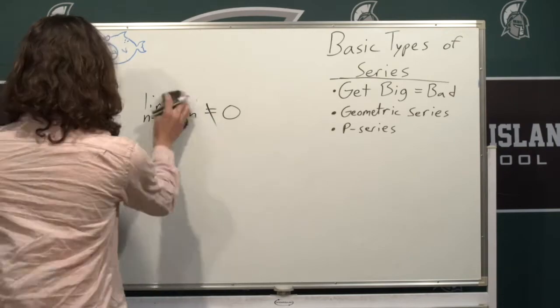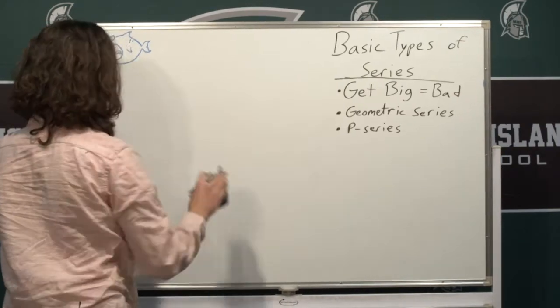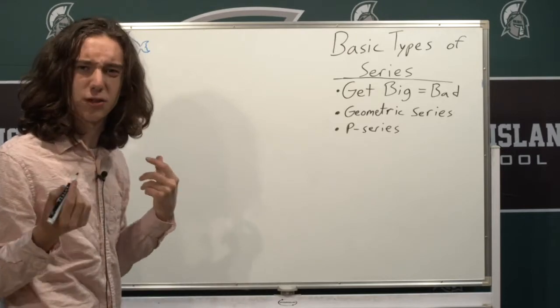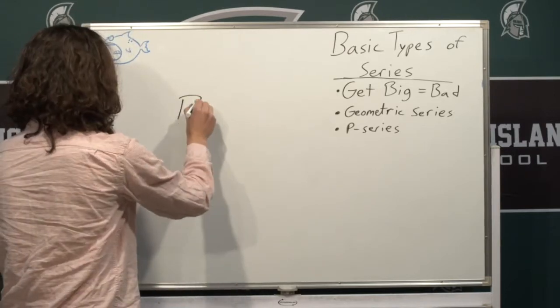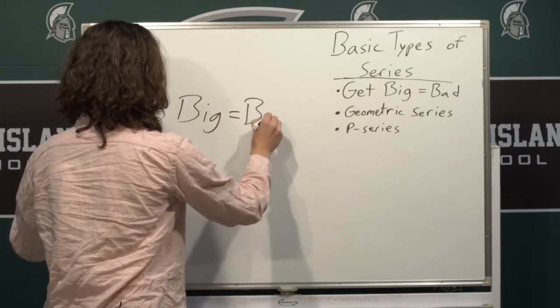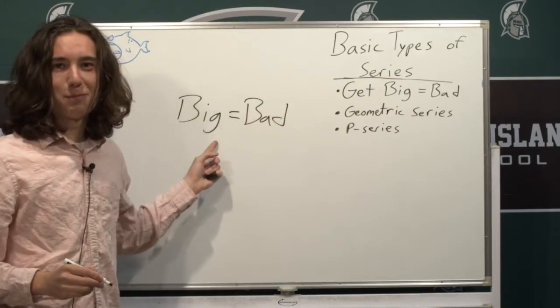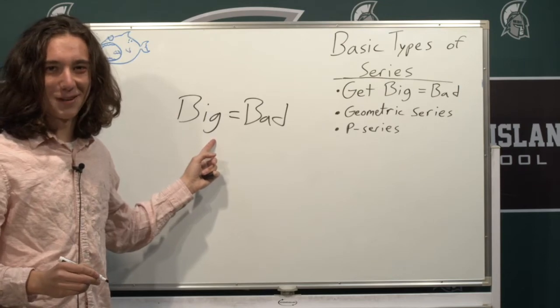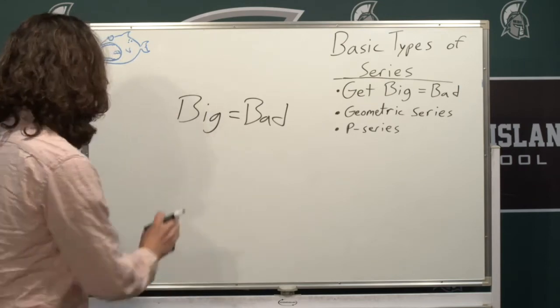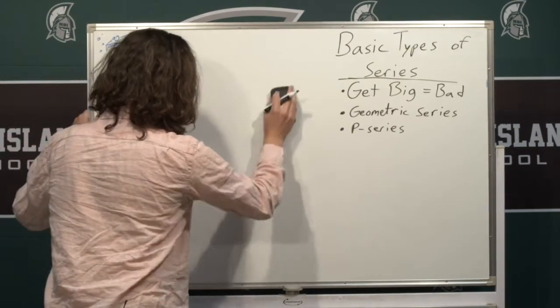And so I've written this as a simple equation that you might want to memorize and really try to understand. Big equals bad. If the numbers get big, the series is bad. That's your lesson for today.